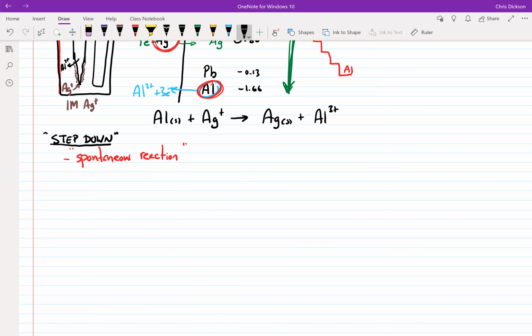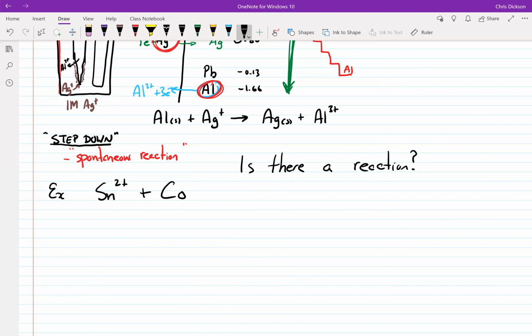Let's say we mix tin 2+ and cobalt. I don't want you to tell me the products, just do you think there'll be a reaction? Yes or no? Just a yes or no question.